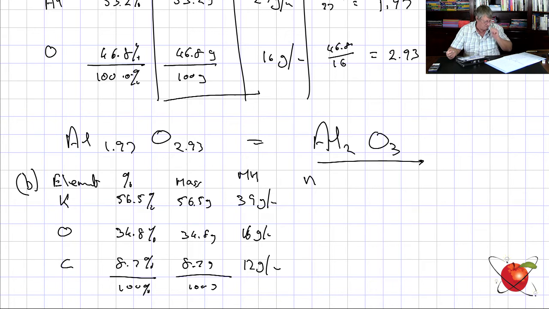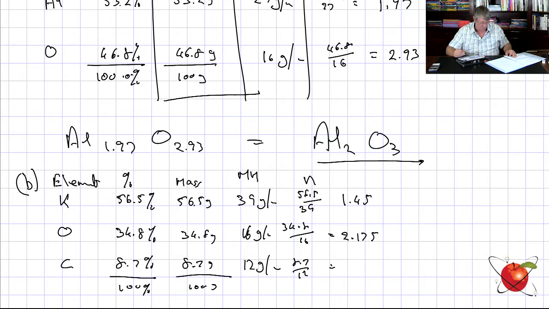Over here, 56.5 over 39, and we get 1.45. This one is going to be 34.8 over 16, which gives us 2.175. And over here, we get 8.7 over 12, which gives us 0.725. Okay, so that's number of moles.